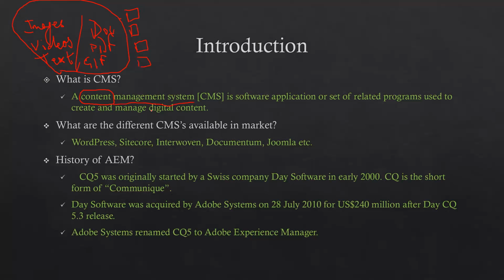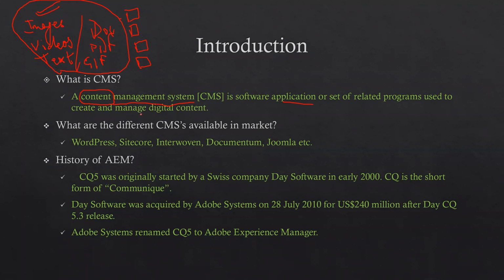By definition, a CMS is a software application that contains a set of related programs which will help you create or manage this content. That's the most basic definition of CMS. At its core, it has n number of functionalities or features inside the software that will let you create or manage this website data.